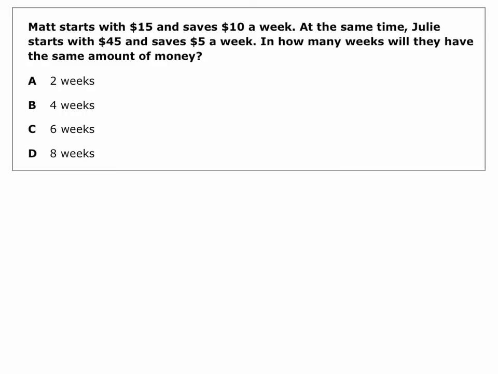So if Matt starts with $15 and saves $10 a week, I'm going to say that T equals 10W, which represents the $10 each week that he saves, plus the 15 that he starts with. For Julie, my equation is going to be T, her total, equals 5W plus 45.